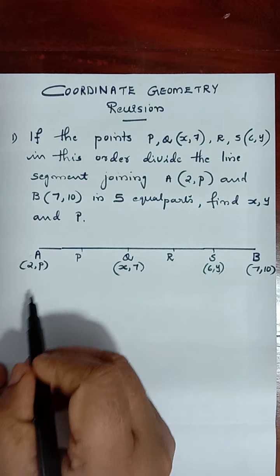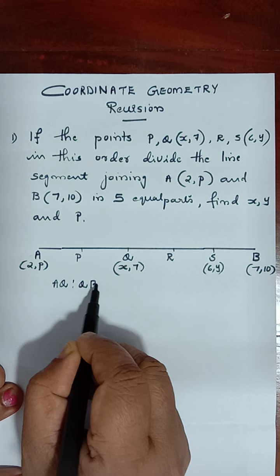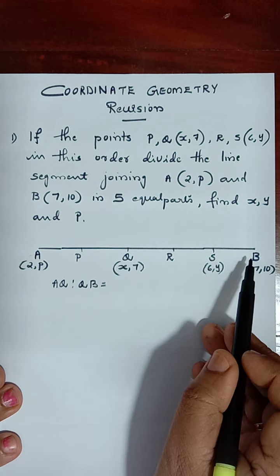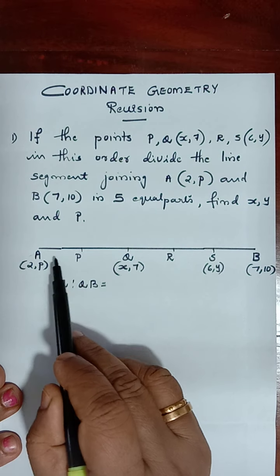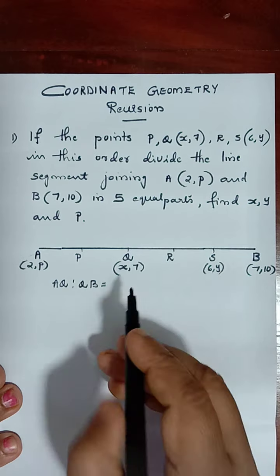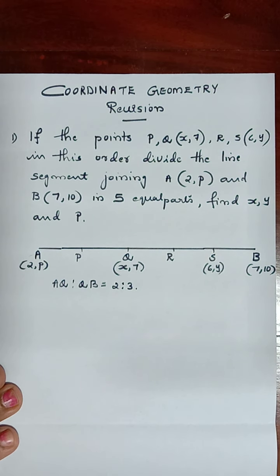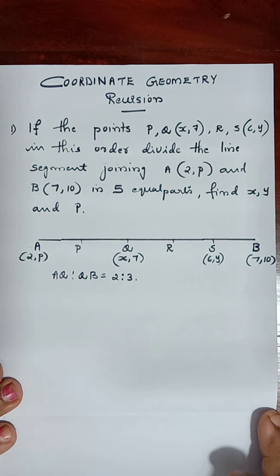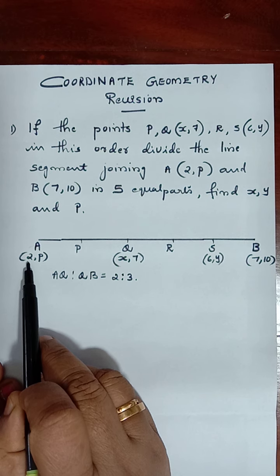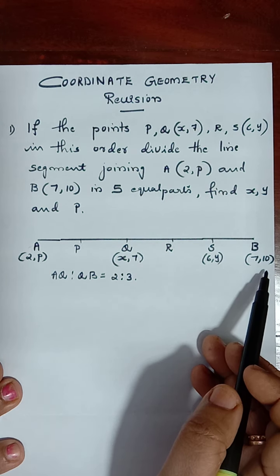So the ratio AQ to QB: Q divides AB in the ratio 2 to 3. So AQ to QB equals 2 to 3. So the ratio we have, and we have the points A (2, p) and B (7, 10).